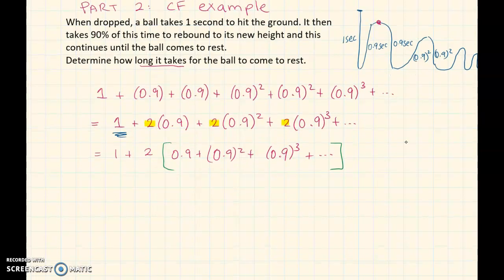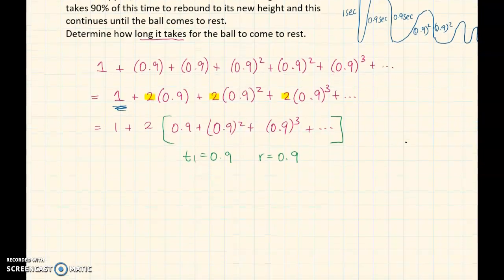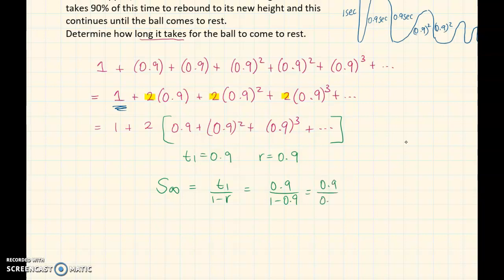So if I just consider inside these brackets here, I've got T1 equals 0.9, and I've got R. I can see that what's happening is I'm just multiplying each term by 0.9. So if I want to find the sum of that series there, it's going to be T1 over 1 minus R, which is 0.9 over 1 minus 0.9, which is 0.9 over 0.1, or just 9.